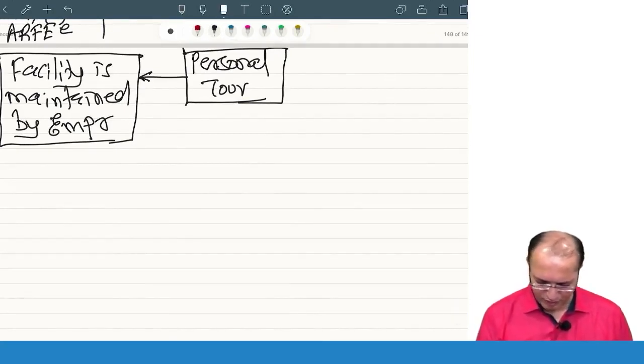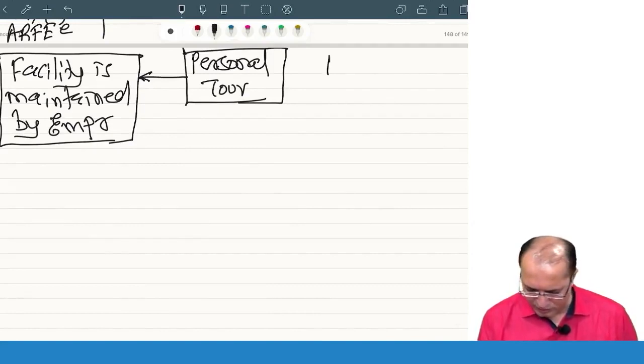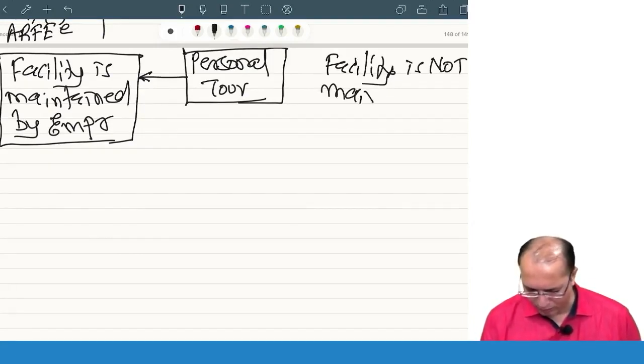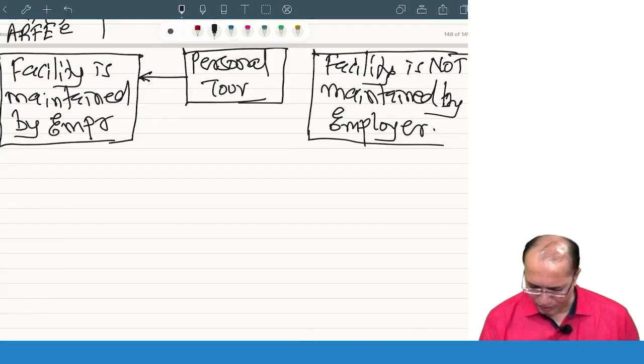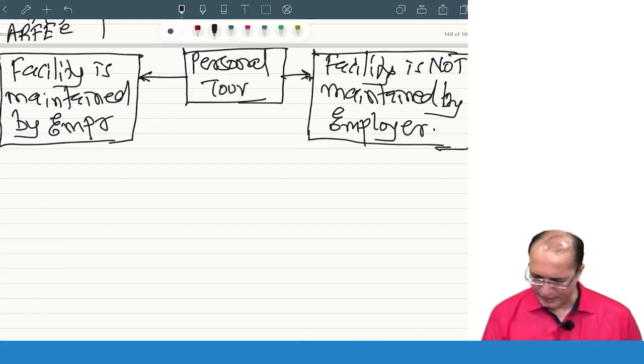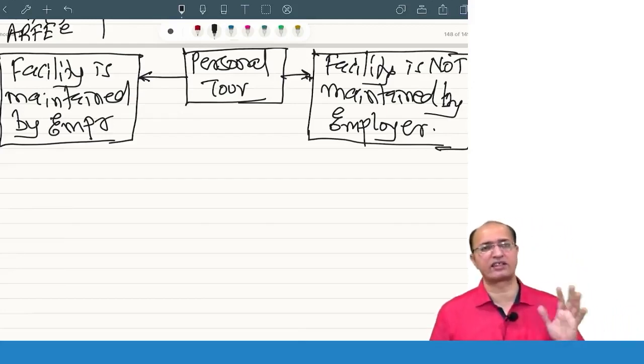This is one possibility. Another possibility is facility is not maintained by employer. Say for example, I am working with Inside Commerce Studies. Inside Commerce Studies is not maintaining any guest house at Ooty.